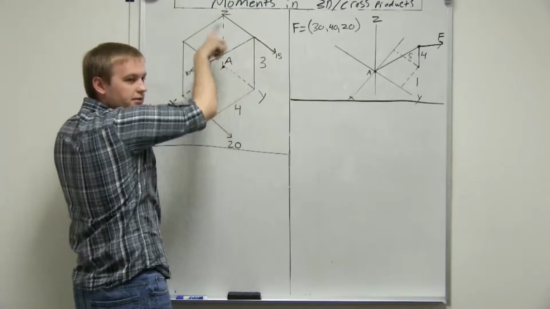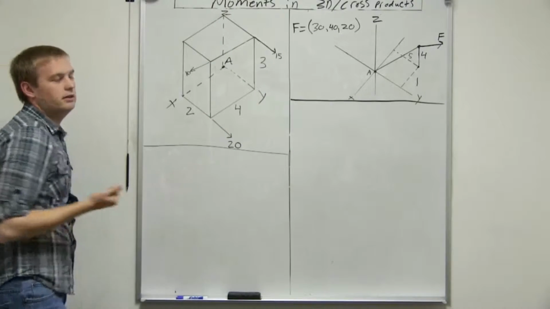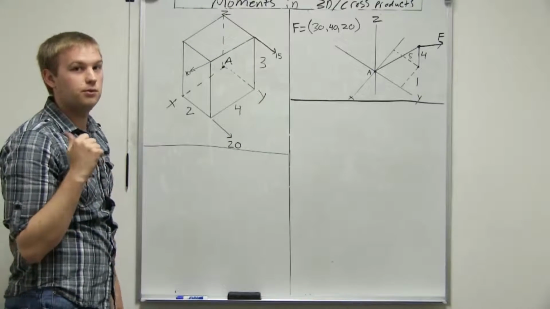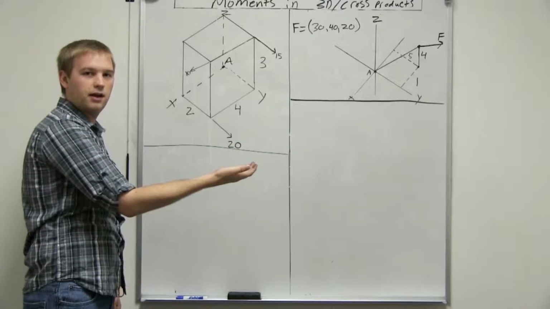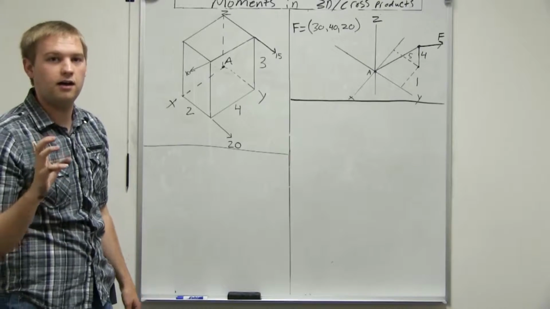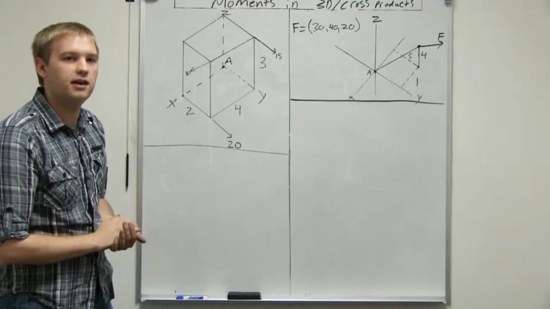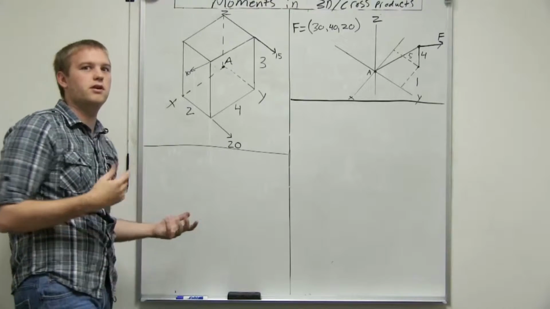Well, it's going to cause it to rotate around this pole. And so you actually have to do the right-hand rule for this case. What you do is you get your hand and you curl it in the direction that the problem is going to be rotating. And then whichever way your thumb is pointing is going to be either positive or negative.